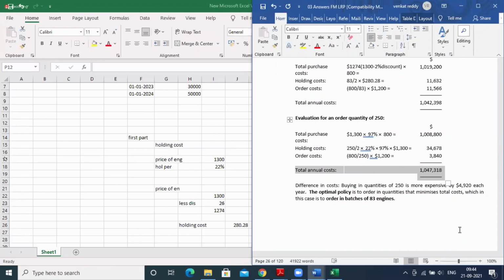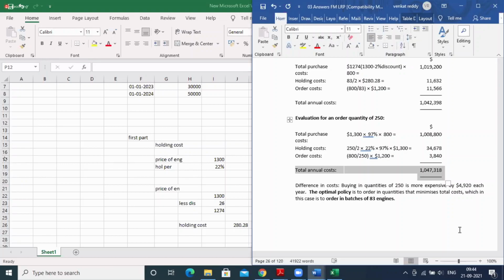So always we go with the minimum cost only, right? It means if you order 83 units, you are going to incur a total annual cost of 10,42,398. But instead of EOQ, if you make an order of 250 units per order, you are going to incur a total annual cost of 10,47,000.